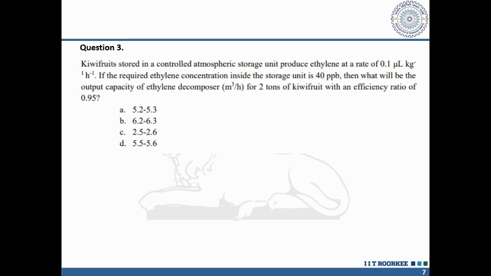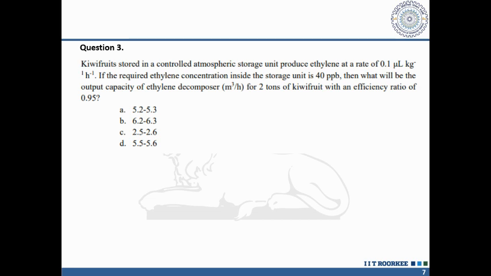So you need to find out the required ethylene concentration. What amount of ethylene do we need? That has been given as 40 parts per billion, ppb, and then what will be the output capacity of the ethylene decomposer?